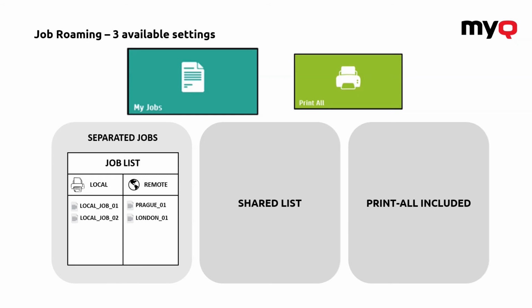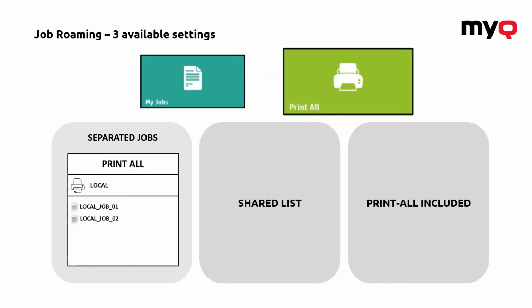To be able to get to the jobs from distant sites, you will have to press another button to show the remote jobs, which are also listed with the information from which sites they are actually coming. On the other hand, if you use the Print All button, the system will only include locally stored jobs.